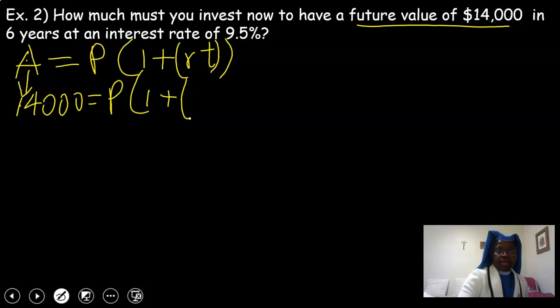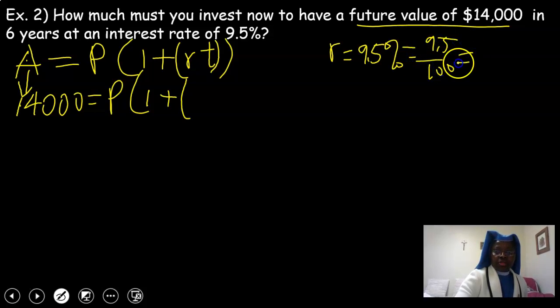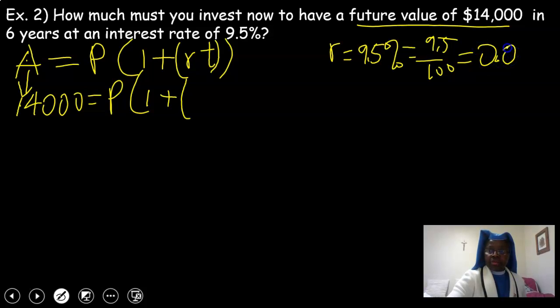So the rate, we know we can simplify it here. The rate is 9.5%, which is the same thing as 9.5 over 100, which can also be simplified by moving the decimal 2 places to the left, 0.095.